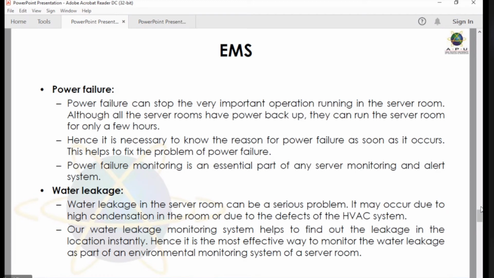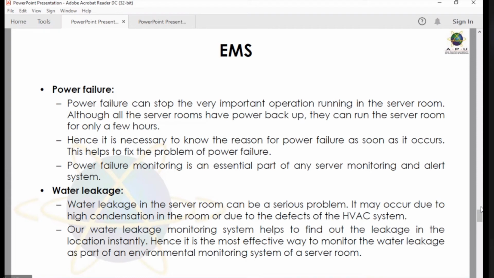Another thing we also monitor in EMS is power failure. Power failure can stop very important operations running in the server room. Although all server rooms have power backup, they can run the server room for only a few hours. Hence, it's necessary to know the reason for power failure as soon as it occurs. This helps to fix the problem.